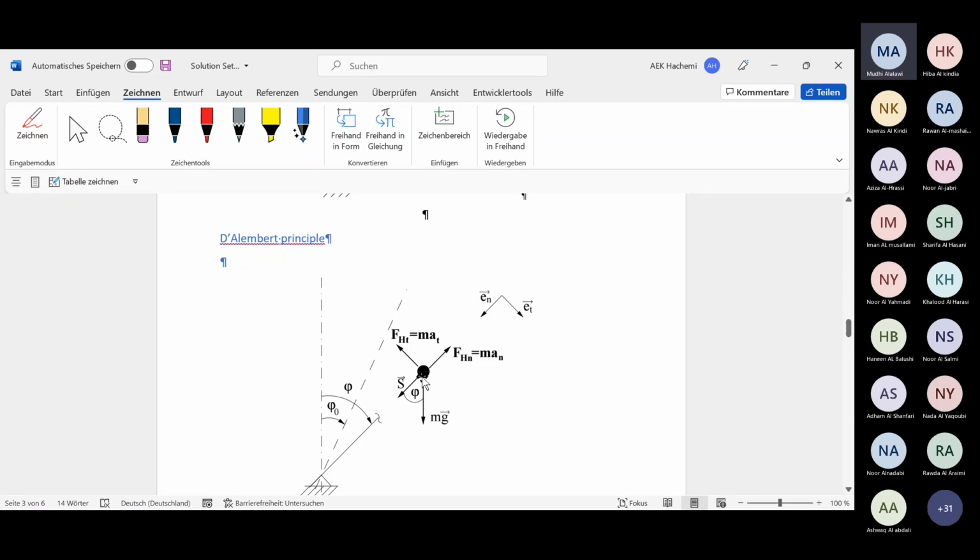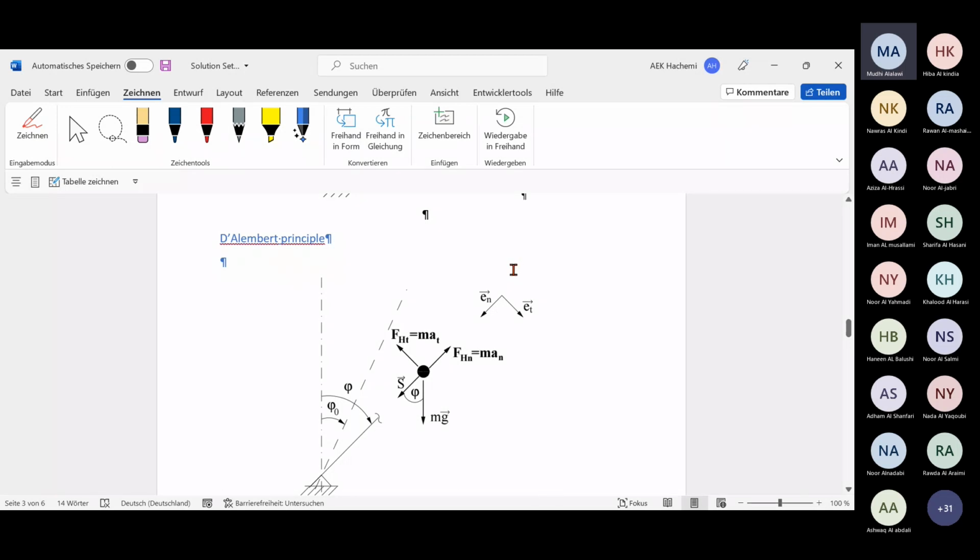Now, what we introduce extra is what we call the inertia forces. We have an inertia force along the tangential direction, and an inertia force along the normal direction.